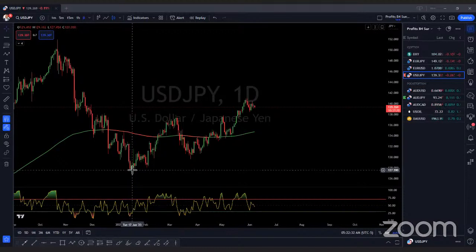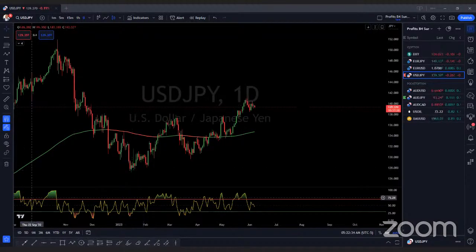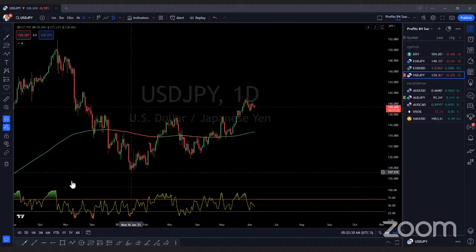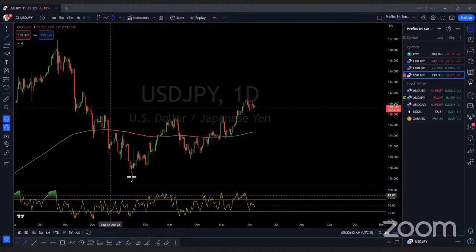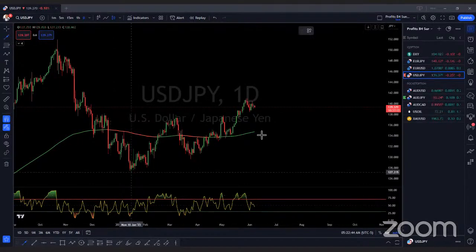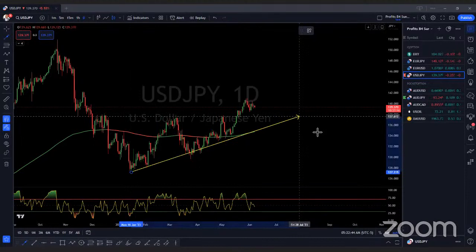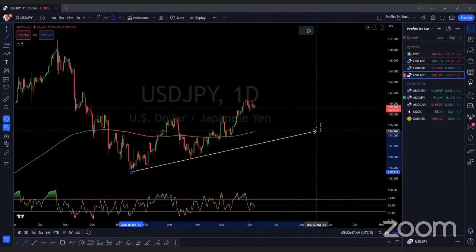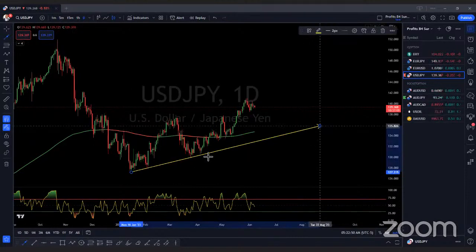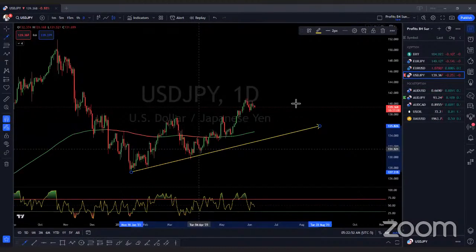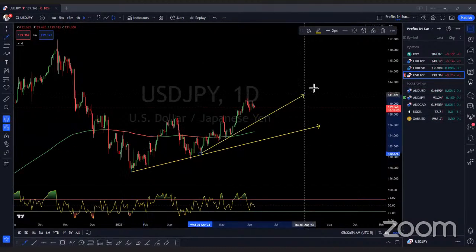Around about January, we started trending to the upside. So you guys can see we started trending to the upside around January. And we have been trending upwards since.